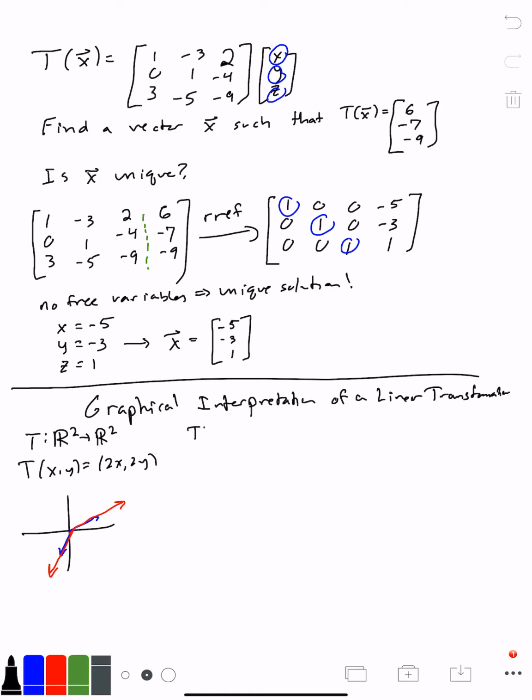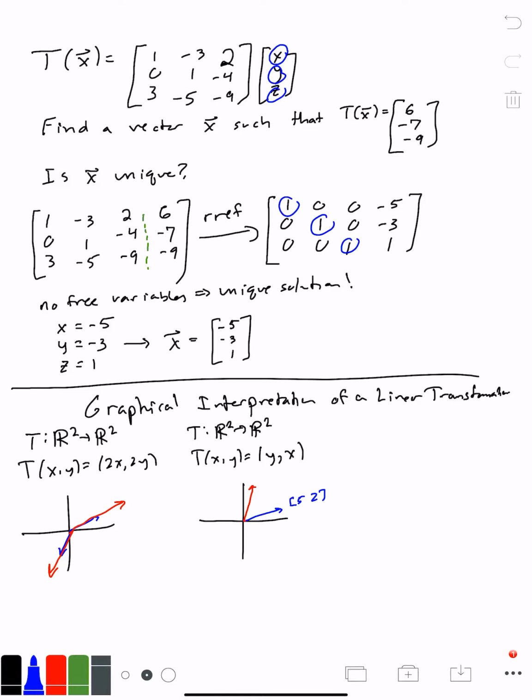Instead, if you had, say, T from R2 to R2, and your T of x, y is y, x, then what this does, if you have a point, let's say it is 5, 2, then if you plug it in the function, it's going to be 2, 5. It's going to be this vector here.